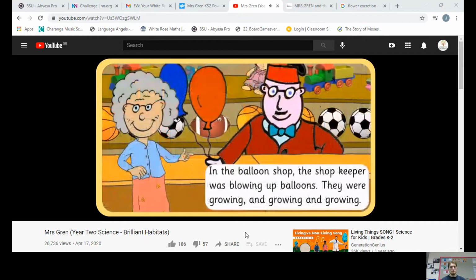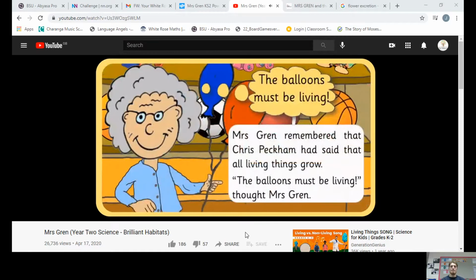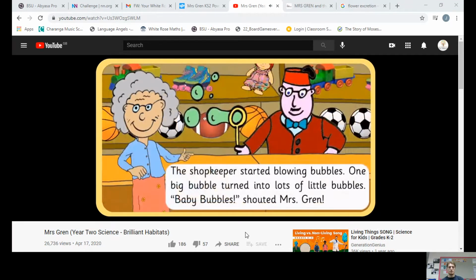In the balloon shop, the shopkeeper was blowing up balloons. They were growing and growing and growing. Mrs. Gren remembered that Chris Peckham had said that all living things grow. The balloons must be living, thought Mrs. Gren. The shopkeeper started blowing bubbles. One big bubble turned into lots of little bubbles. Baby bubbles, shouted Mrs. Gren.